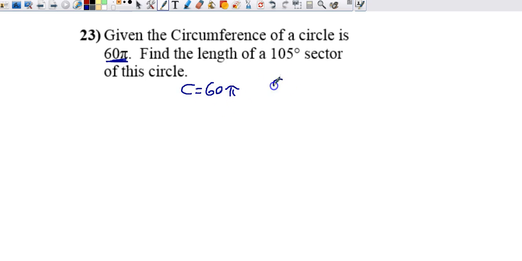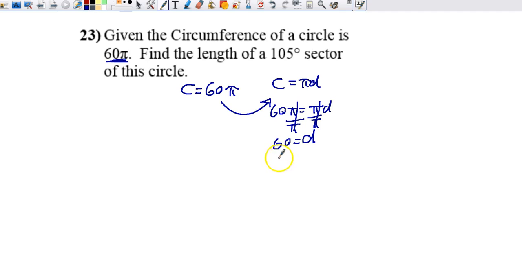The circumference formula is 2 pi r or pi d. So if I substitute that 60 pi in for c, divide out the pi's so that they cancel, my diameter is going to be 60, which means my radius will be half of that.